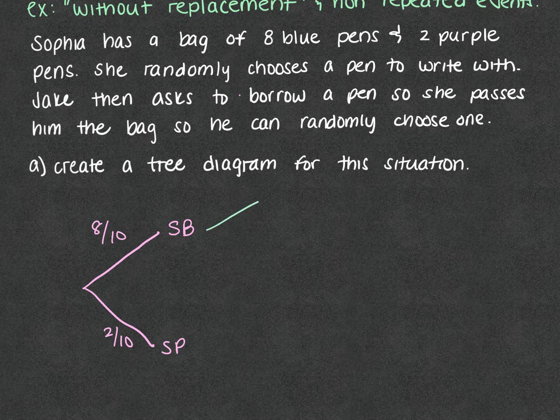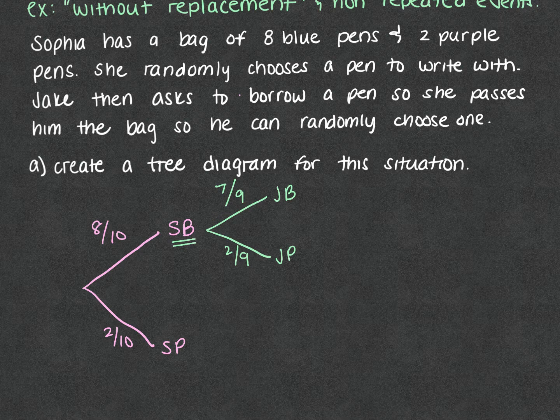After she chooses one, we're going to assume on the first draw that Sophia chose a blue one, okay? So now when Jake goes to choose between purple and blue, how many blues are left for him to choose from? Since Sophia already took one out, now there's only 7 blues, and there should only be 9 pens left in the bag. There are still 2 purples out of the 9 pens total.